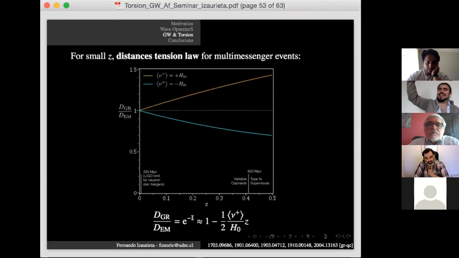It allows us to see which one of all these curves is the right answer. And if you don't have torsion, then it should be just a horizontal line, and you will have these two luminosity distances just equal, the electromagnetic and the gravitational. So it is actually a way to make a constraint.